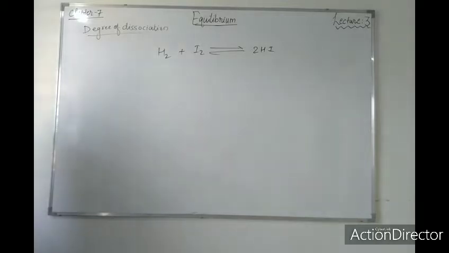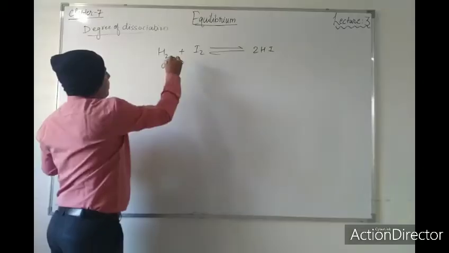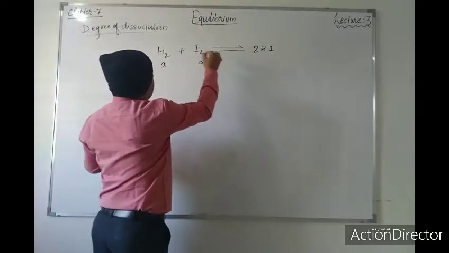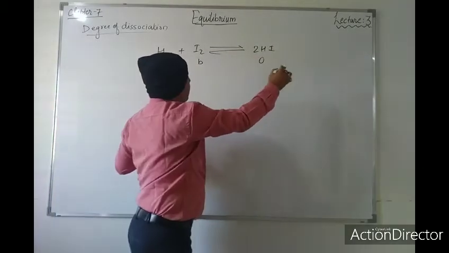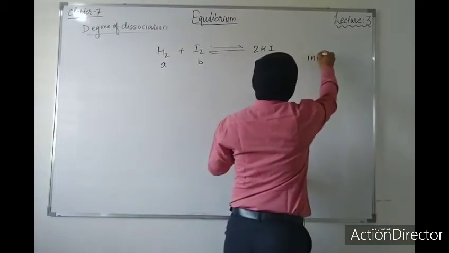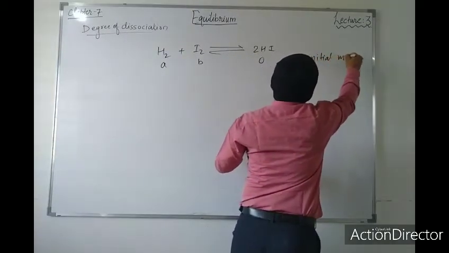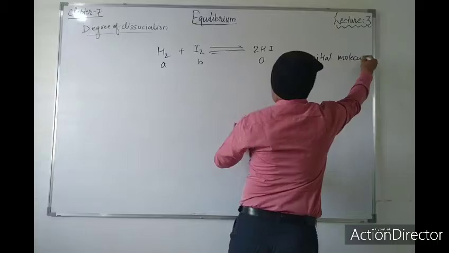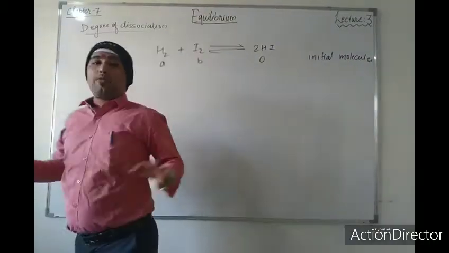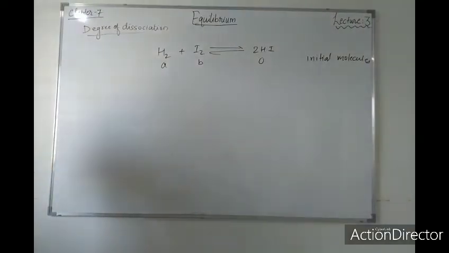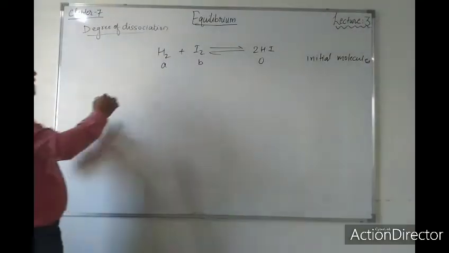So in this chemical reaction, if I talk about the reactant molecules, just suppose the reactant molecule is A, here B, and this is 0 at the initial stage. After the dissociation phenomenon has occurred, what will be here?